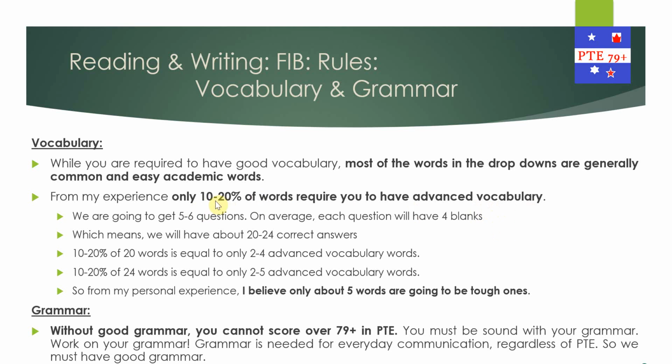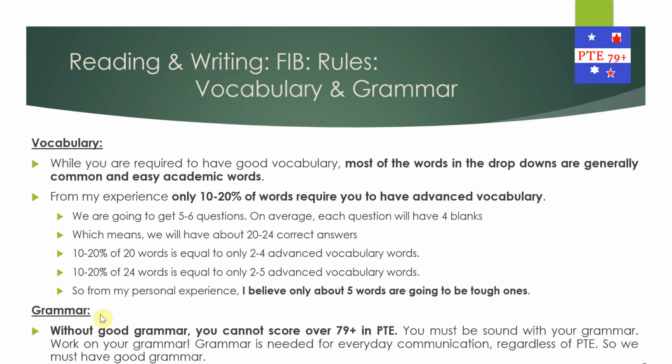So don't worry too much about this just 10 to 20% of words, because that will turn out to be about 5 words. So just a calculation here, right, we'll get only 5 to 6 questions, and each question will have 4 blanks. So 5 fours are 20 and 6 fours are 24. So about 20 to 24 correct answers will be there, and 10 to 20% are like 2 to 4 words or 2 to 5 words. So about 5 words only are really tough ones. The rest are going to be straightforward in terms of vocabulary.